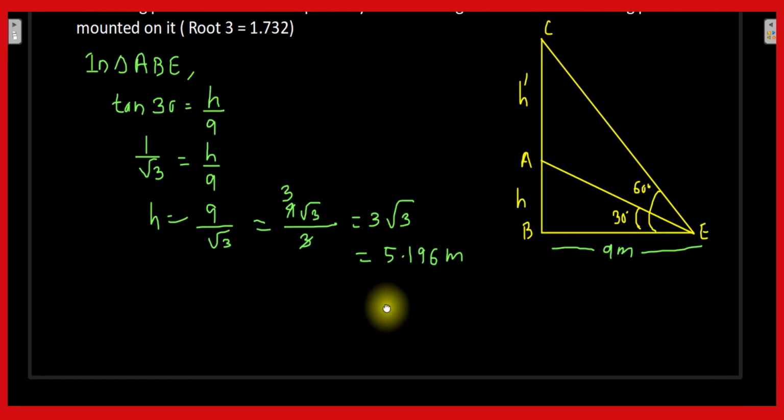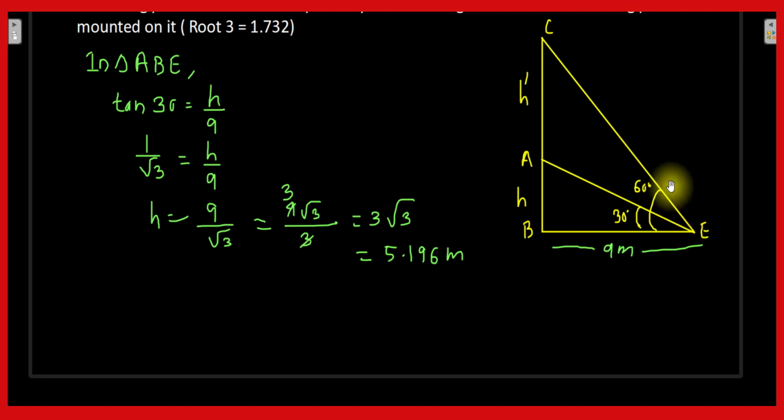Now friends, we will take the other triangle. That other triangle is triangle CBE. So in triangle CBE, we get tan 60 equal to opposite upon adjacent. Here the opposite side is BC, it means H plus H dash, and the adjacent side is 9 meter.